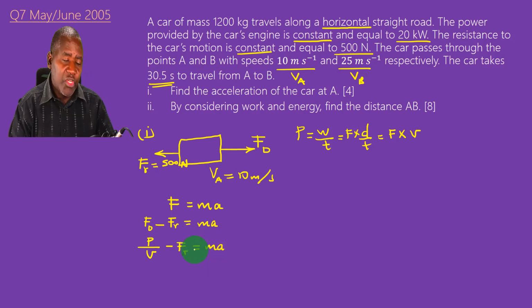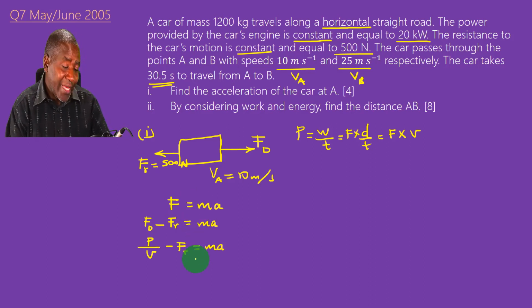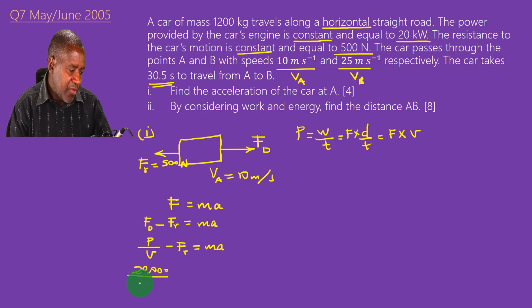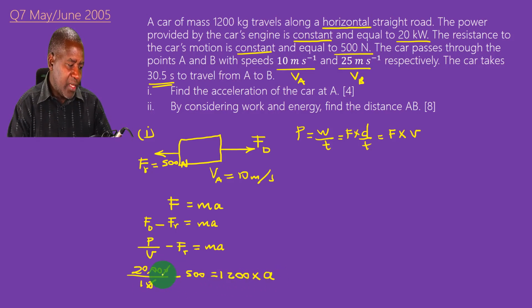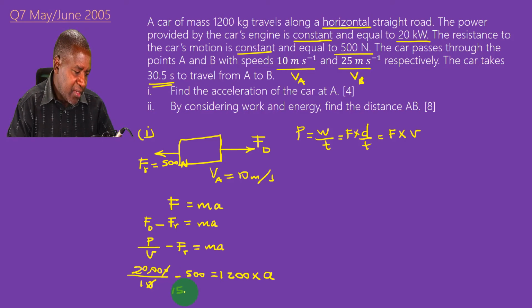The power is 20,000. The speed at that point is 10. The resistance is 500. The mass is 1200. And it is the A which I want. So this will give me 2000 minus 500. It gives me 1500.